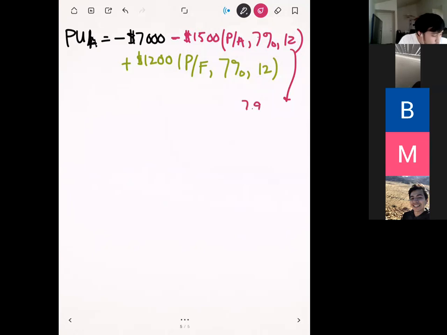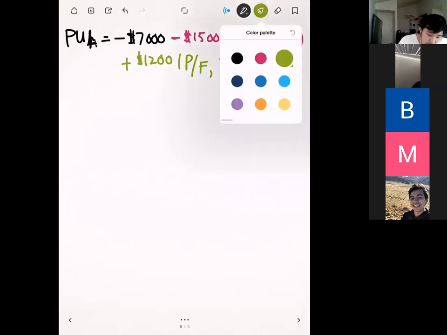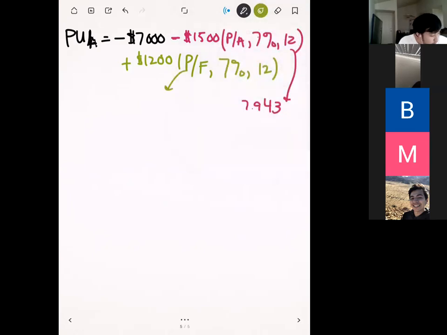Okay. And so if you look this value up in the compound interest table, you'll see that this is 7.943. And then this value P over F, this is 0.444. Okay. And so if you do that, what we get is the present worth of A is equal to minus $18,381.70.